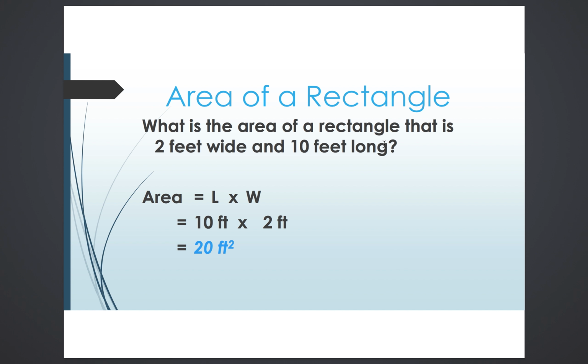Okay, so if we were to have a rectangle that was 2 feet wide and 10 feet long, you would just simply put in 10 feet times 2 feet equals 20 square feet, right? In this class, I do not expect you to do math in your head.